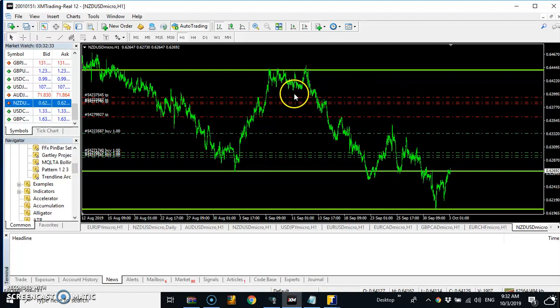After getting to this neckline here, it will come back to do what? Maybe to retest this one, or to have a bounce back up on this one. Now, this is a professional way of talking about how the trend will change.